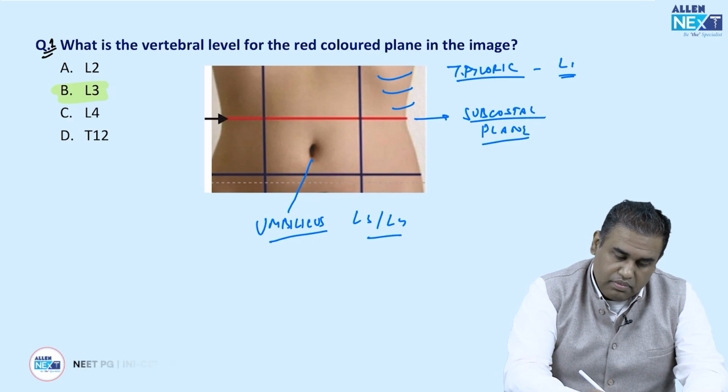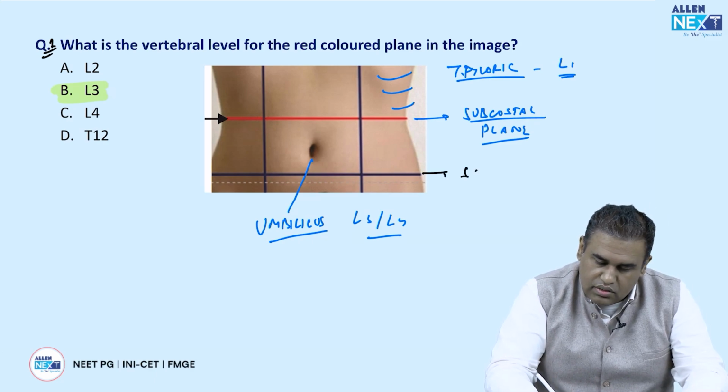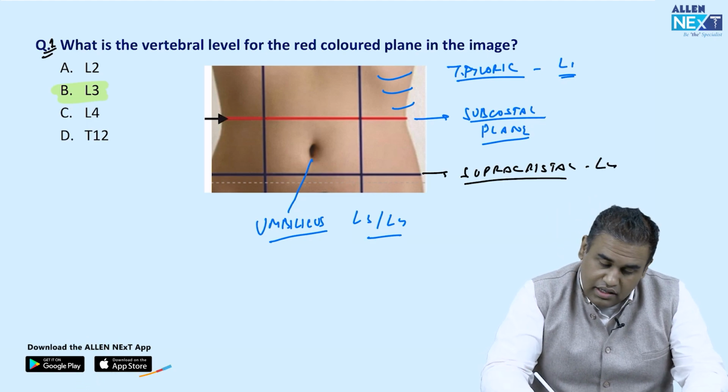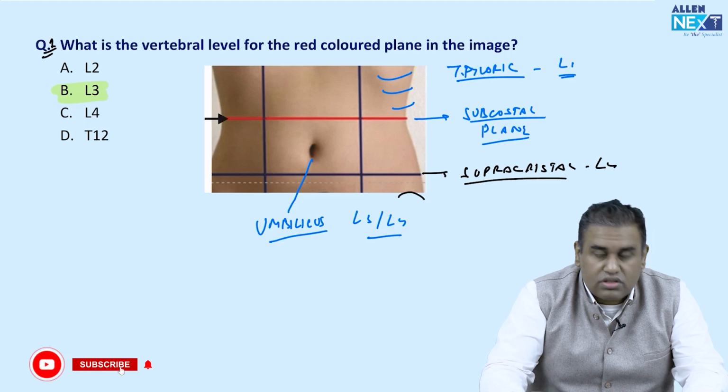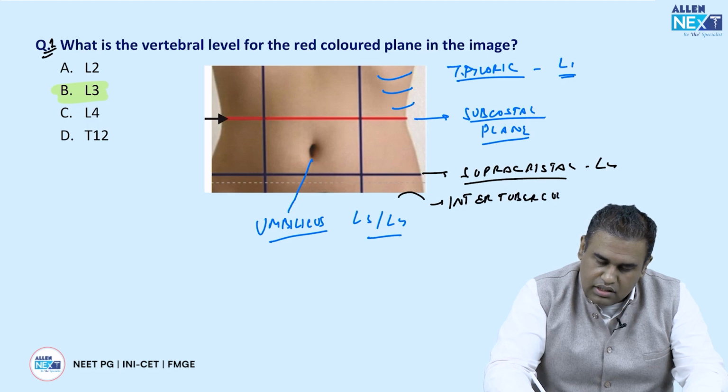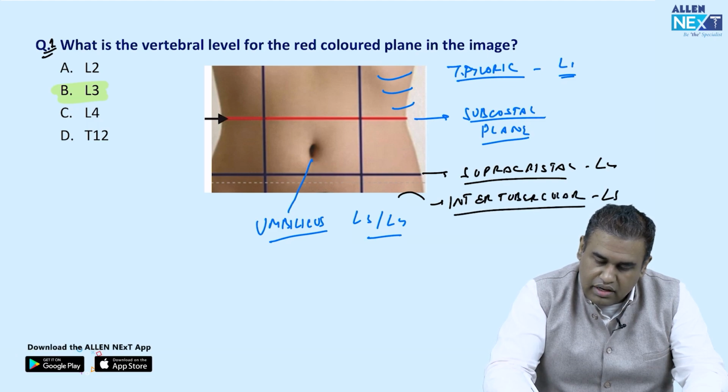Then there is one more plane, the highest point of the iliac crest, known as the supracristal plane, and that lies around the L4 vertebrae. The intertubercular plane, which passes around the tubercle of the iliac crest, slightly below this, lies around the L5 vertebrae.